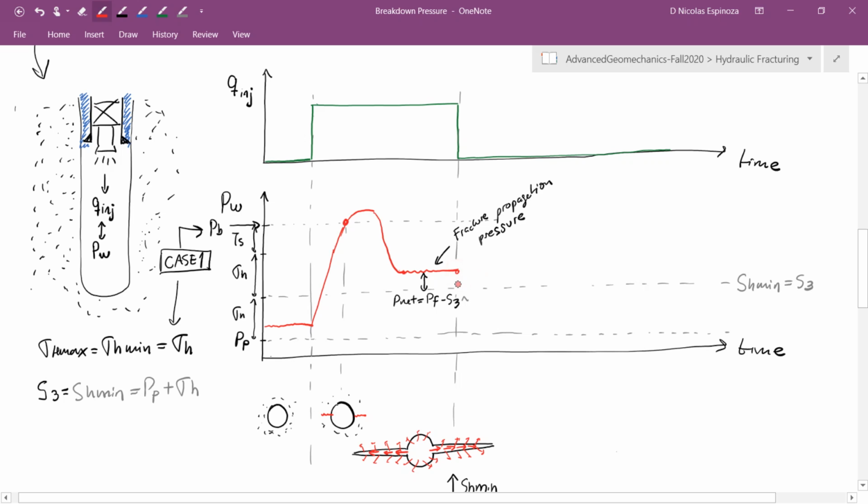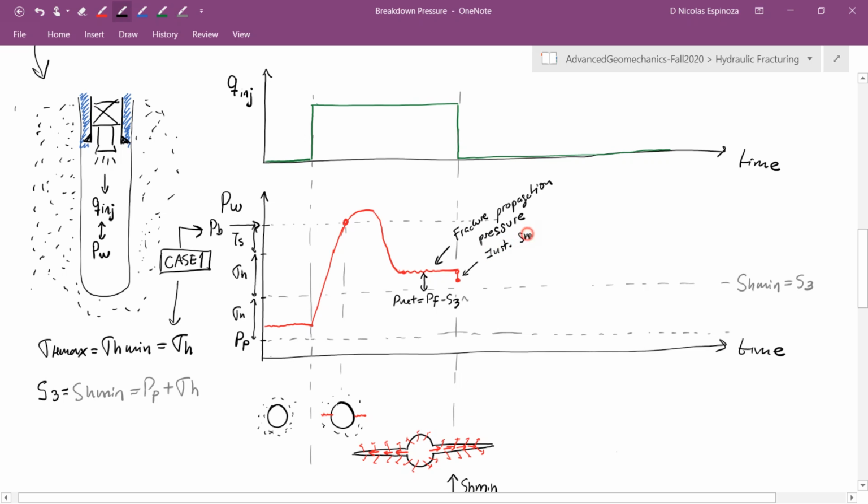All right, eventually we're going to stop injecting at some time, and at that point the pressure signature is going to, as soon as we stop the pumps, because the fluid is not flowing anymore into the fracture, and I don't need that viscous energy in order for the fluid flow to go into the fracture, there is going to be a decay of the pressure, and that is what is called instantaneous shut-in pressure.